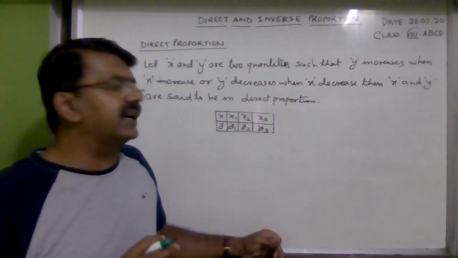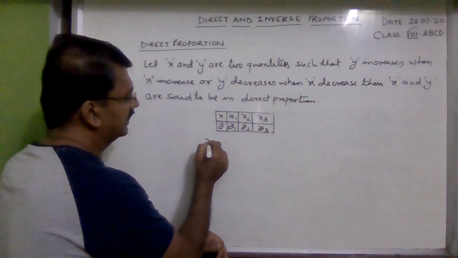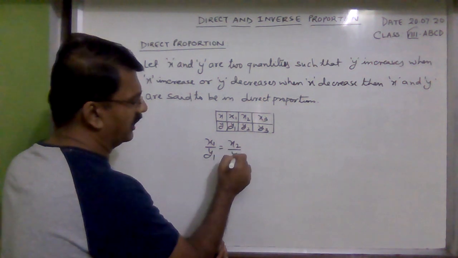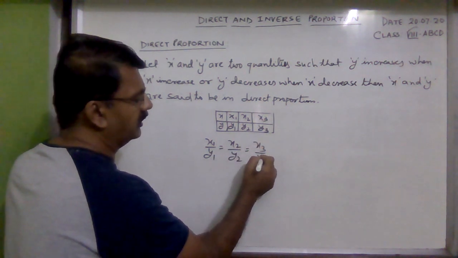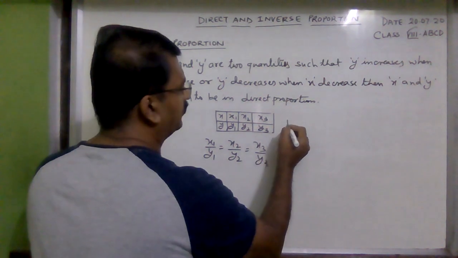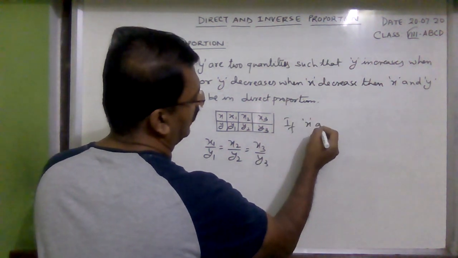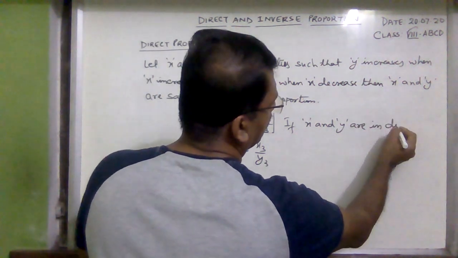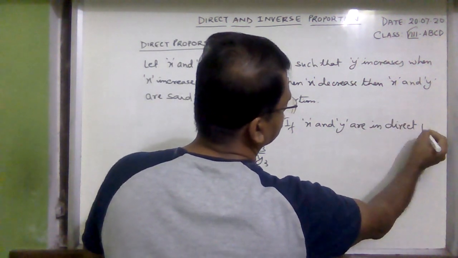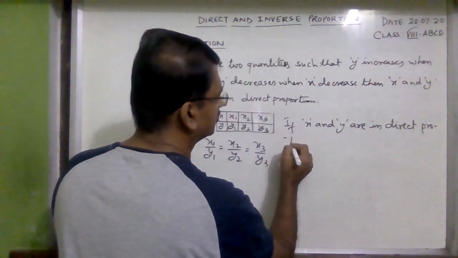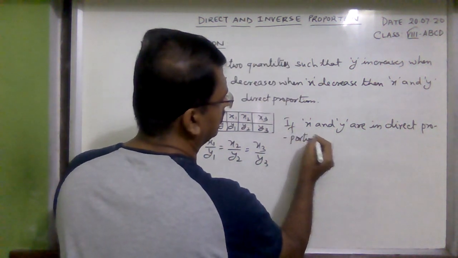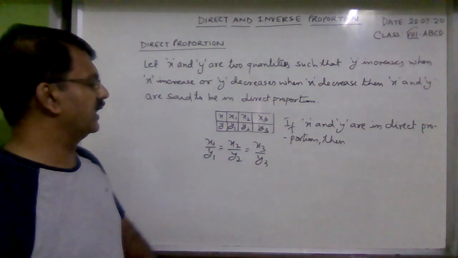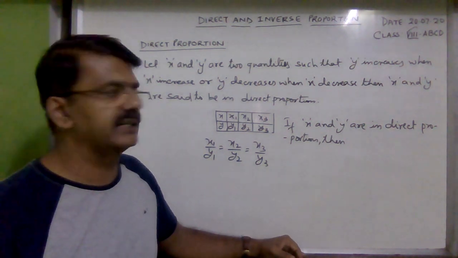Now, if they are in direct proportion, then x1 upon y1 is equal to x2 upon y2 is equal to x3 upon y3.